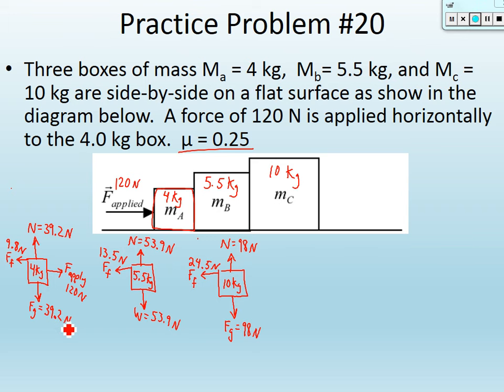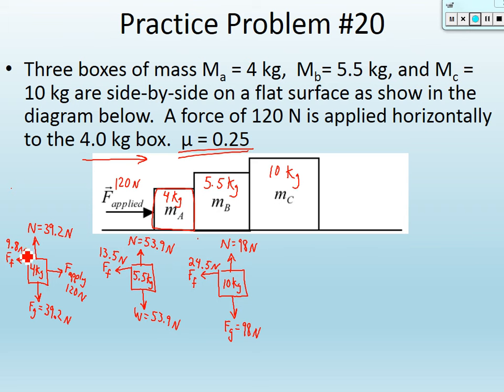The force of gravity was 39.2 newtons down. That means the normal force was 39.2 newtons up. If you're pushing this system to the right, friction is always going to oppose motion, so I've drawn friction to the left. So if you take 0.25 times 39.2, you should get 9.8 newtons.